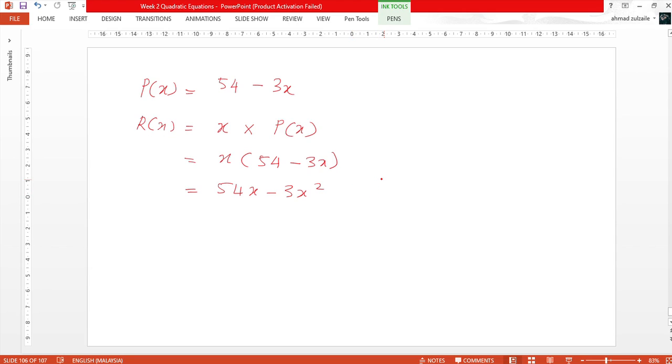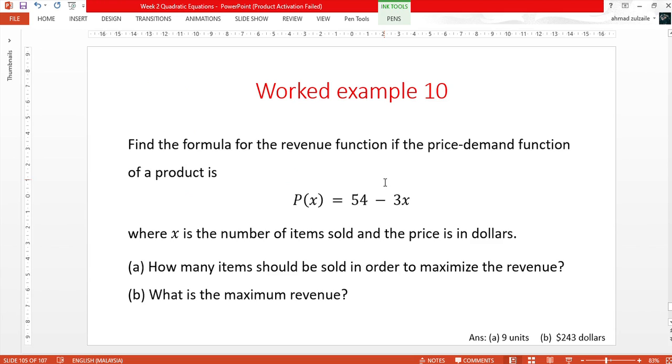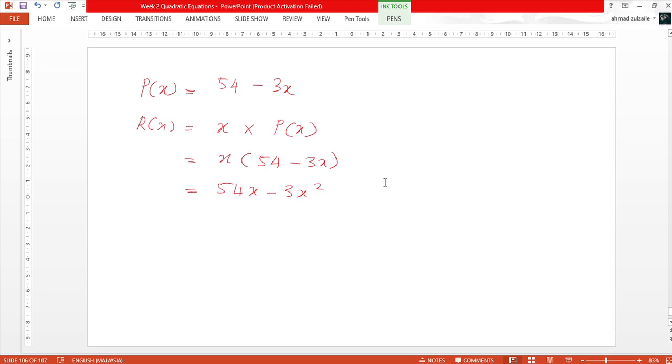Back to the question just now: how many items should be sold in order to maximize the revenue? If you sketch the diagram of revenue, you look for the sign of your a. Compared to the standard form of quadratic equation, your a is negative, so you will have a sad curve.